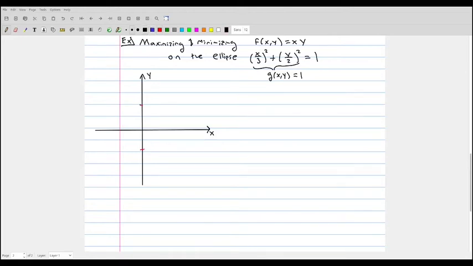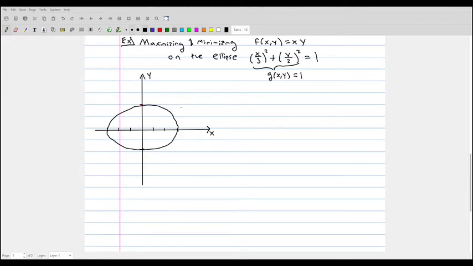So first we'll draw the ellipse curve. It is going to look like this, roughly speaking.